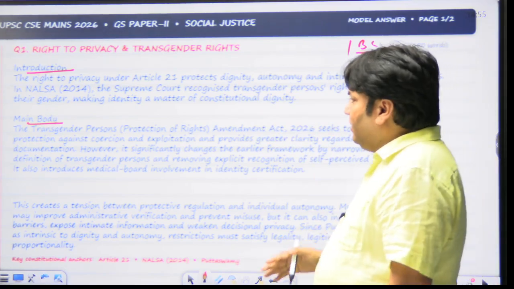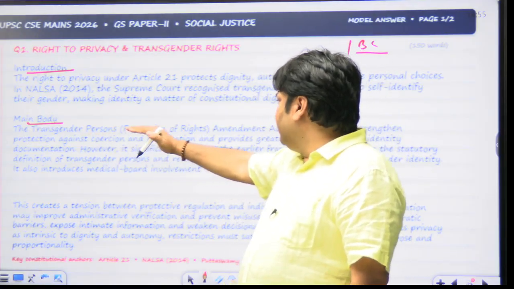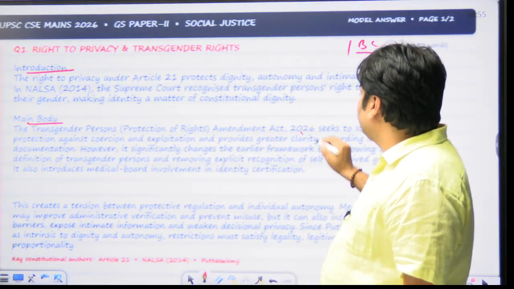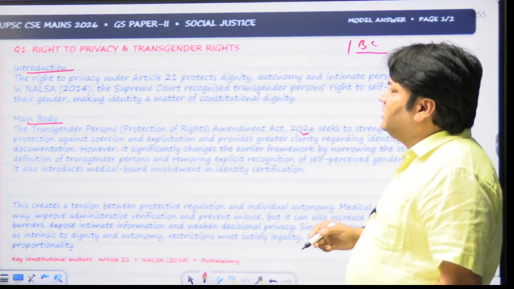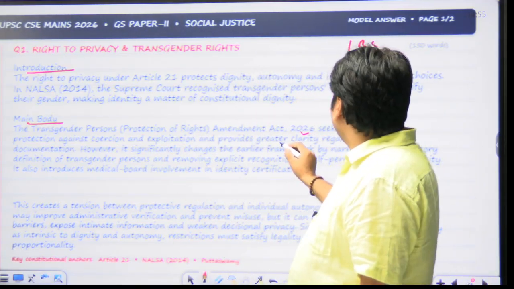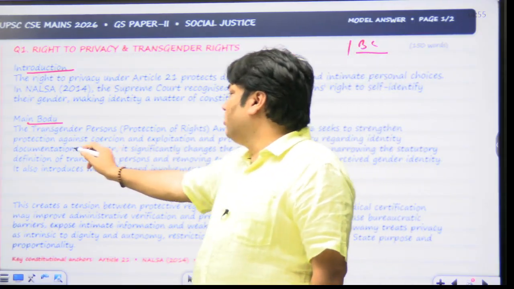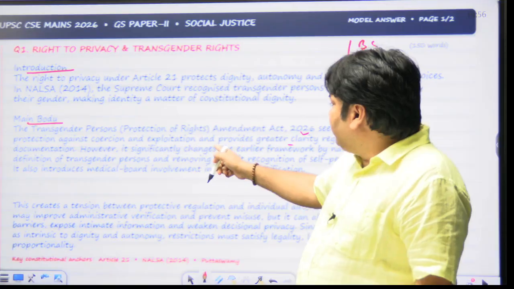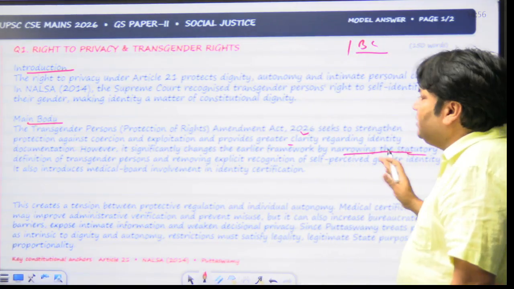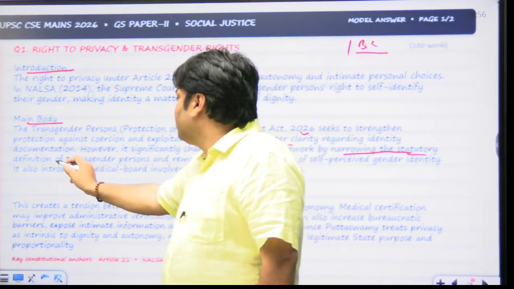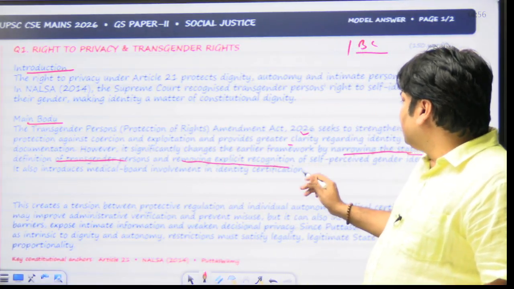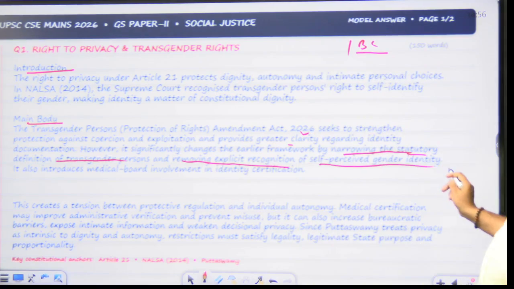In the main body, I have written that the TPPRA, it means the Transgender Persons Protection of Rights Amendment Act 2026, seeks to strengthen protection against coercion and exploitation, and provides greater clarity regarding identity documentation. However, it significantly changes the earlier framework by narrowing the statutory definition of transgender persons and removing explicit recognition of self-perceived gender identity.